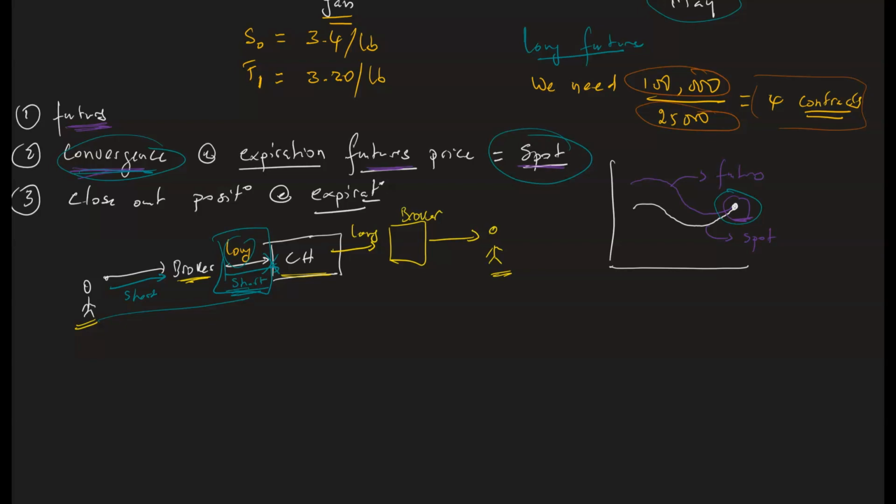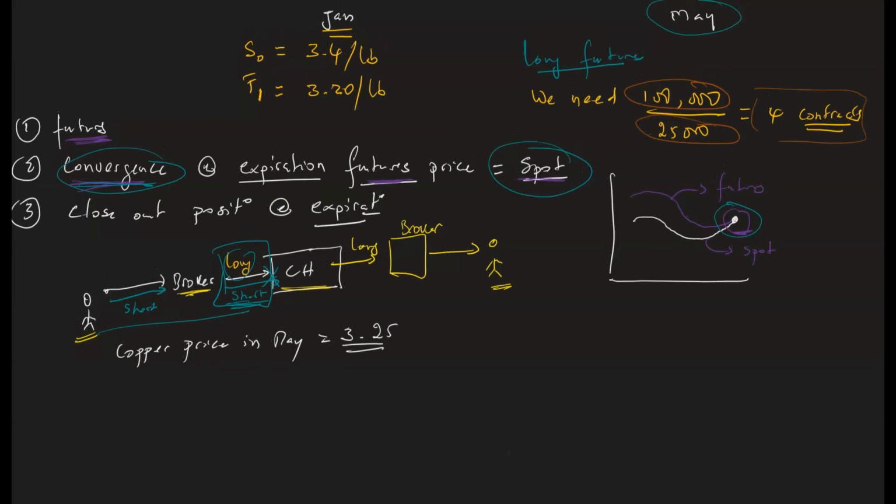So let's take this scenario. Let's say the copper price in May is equal to $3.25. If the price of copper in May is $3.25, what is my position in May?